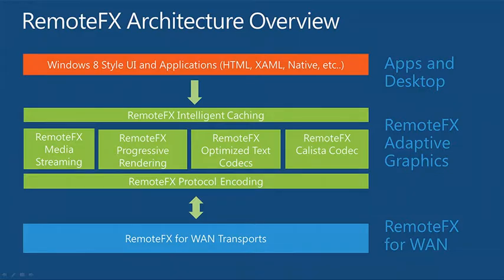Underneath that, the desktop is rendered, and so we basically see that desktop as a bitmap. So what we do here with Adaptive Graphics is investigate the desktop to identify which portion of the screen has already been previously delivered to the client. So for example, say you scroll down on the desktop. The screen content should be cached, and therefore you shouldn't have to resend that same content.